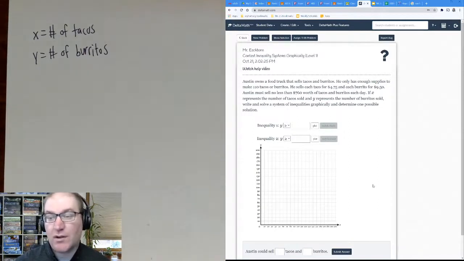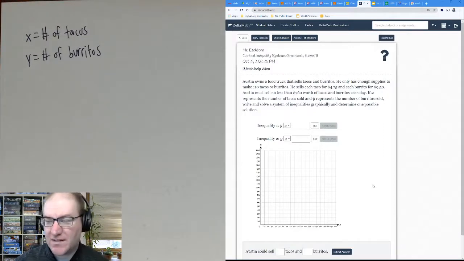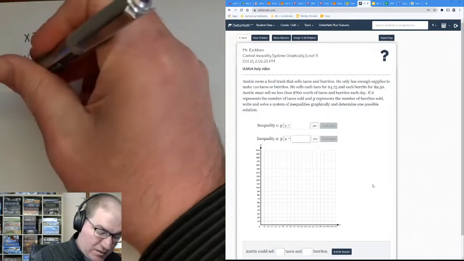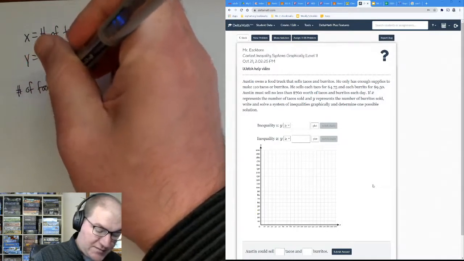So these are going to be inequalities. When it says determine one possible solution, hopefully we'll end up with an area that's shaded twice by both inequalities. We're going to have more than one possible answer here. So anyway, the two facts that I noticed: he makes up to 110 tacos and burritos, so let's make sure we have a statement about the number of food items he sells.